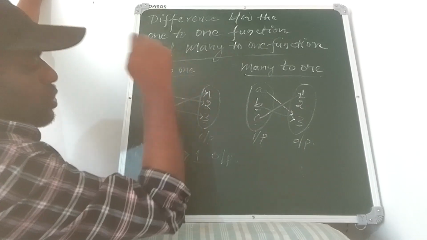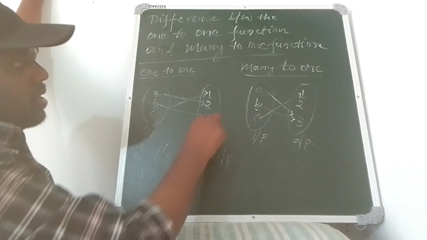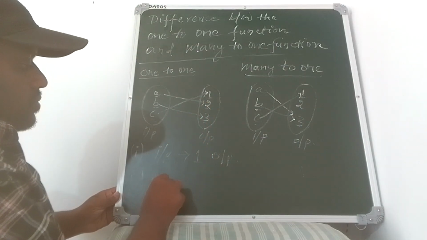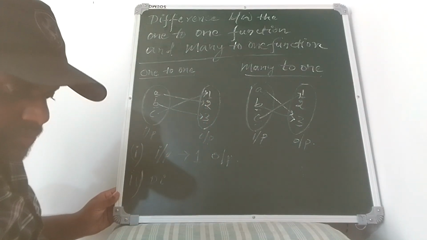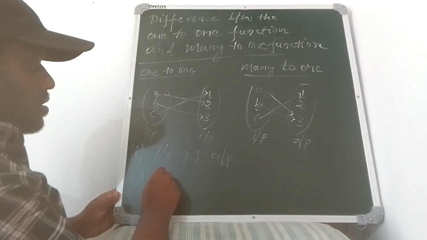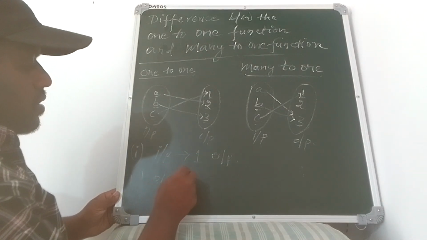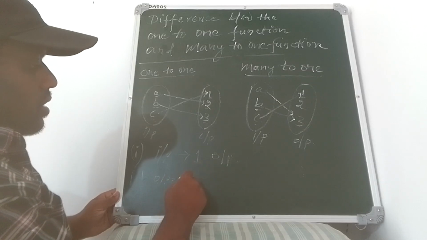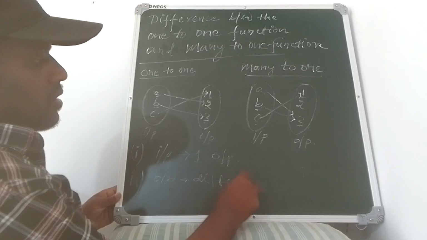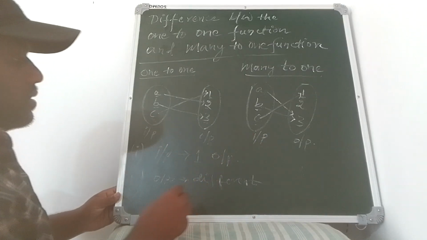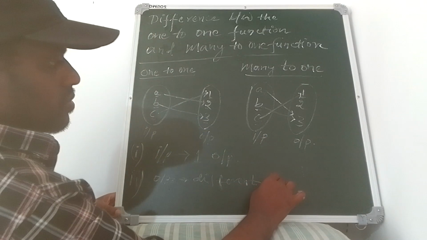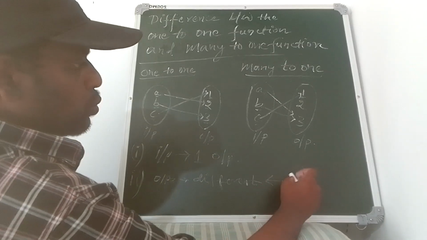So in the case of a one-to-one function, the outputs are different.